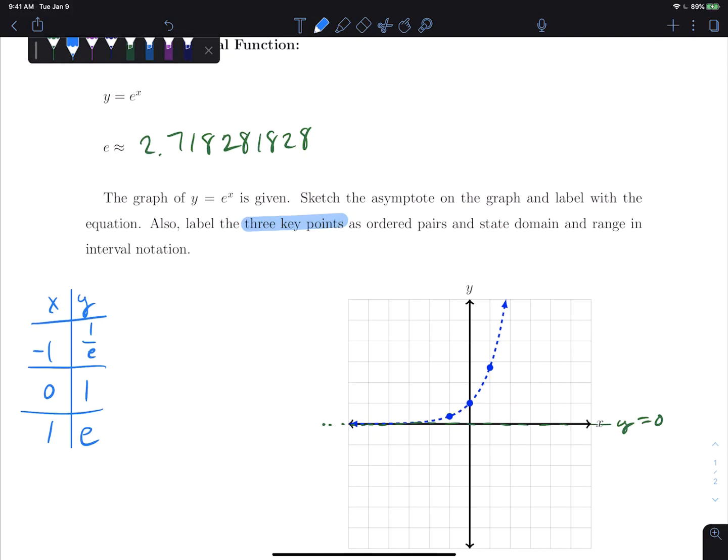Those are the ordered pairs. Now, as for the domain and range, the domain will not change. It is still negative infinity to infinity. And the range, well, it's 0 to infinity, just like what you would expect with an increasing exponential function in its parent form.